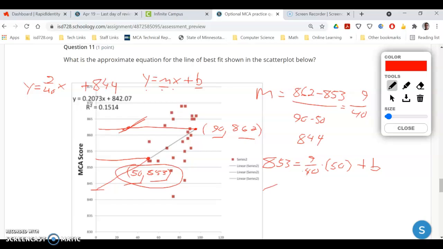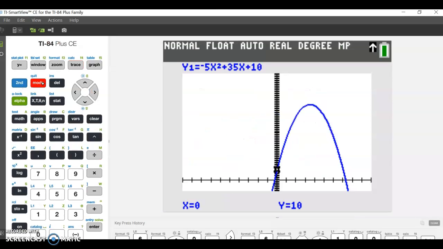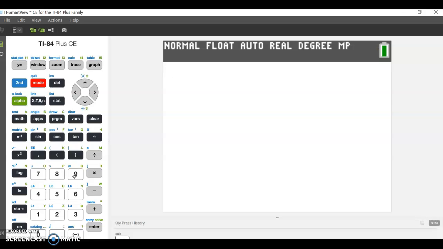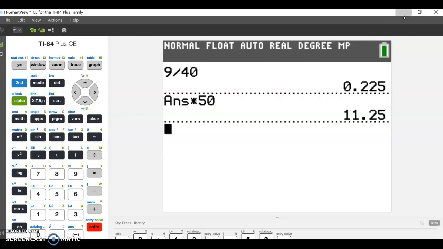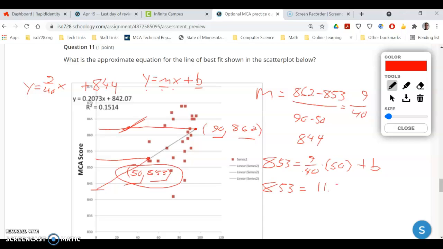So I would use a calculator here to do 9/40 times 50. So that's about 11.25. And then minus 11.25 from both sides to get the y-intercept.